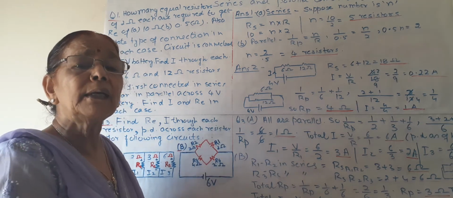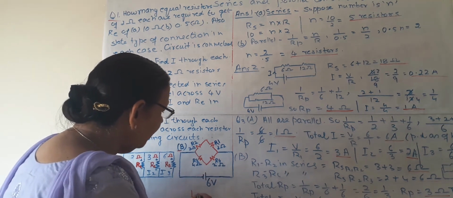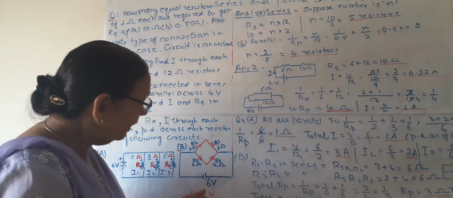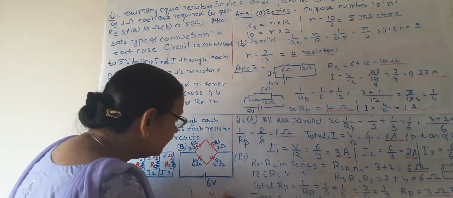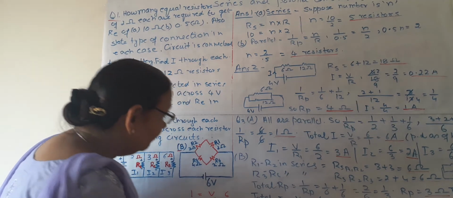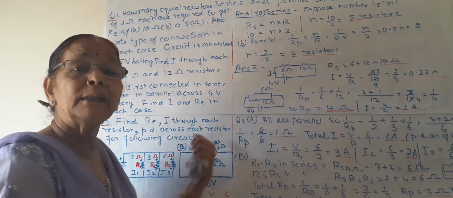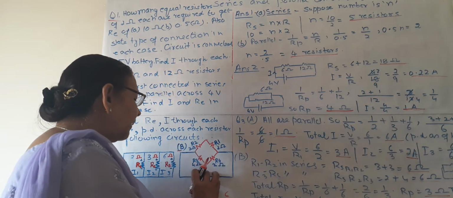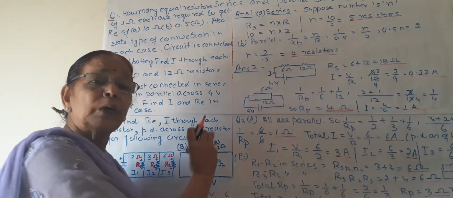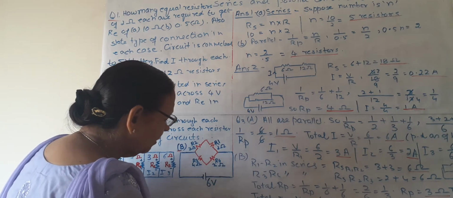So when we calculate total current in the circuit, I is equal to V upon R. We will take V as the battery voltage, 6, and R as the total R of the circuit. Then we will calculate the total current in the circuit, as this battery can see the total resistance, not individual resistances. So you have to remember this also.